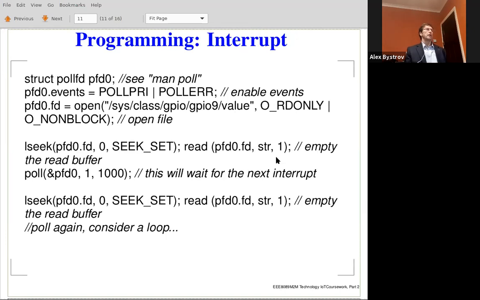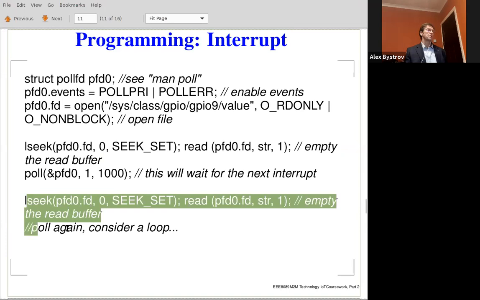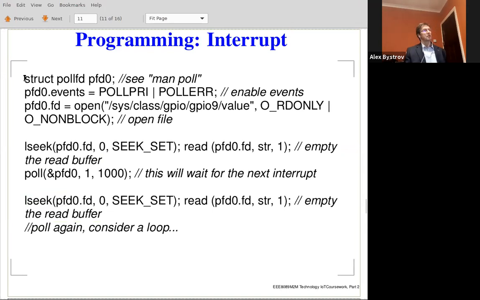All right, the second tip or hint of how to use interrupt. So this is a piece of code inside your program. It consists of 1, 2, and 3 parts. The first part is the setting up part, so we need to declare a structure of the type pollfd, whatever it means, file descriptor for the poll, and give a name to a new object of this type.